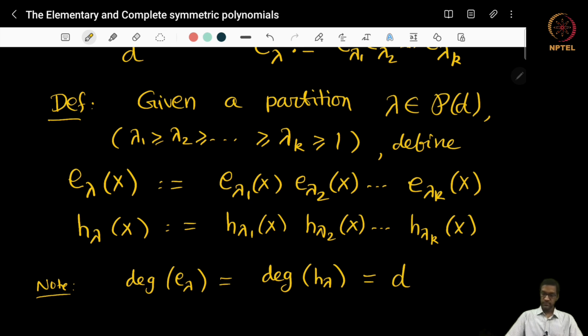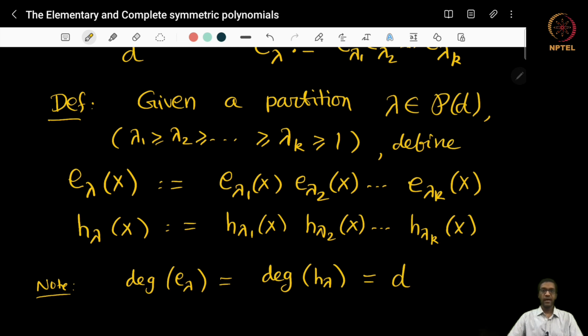Of course there are some slight subtleties here which we will come back to later on, which is that I'm assuming that my number of variables is large. Otherwise, for example, e lambda would not make sense, right?